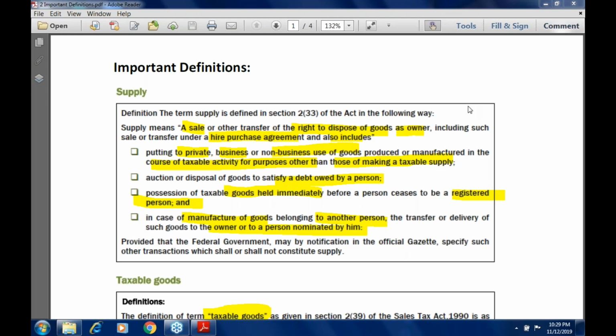While accessing your webinar window, you could access this file called the important definitions from your handout section.